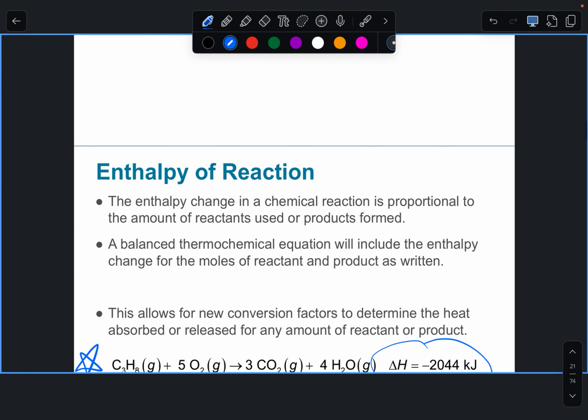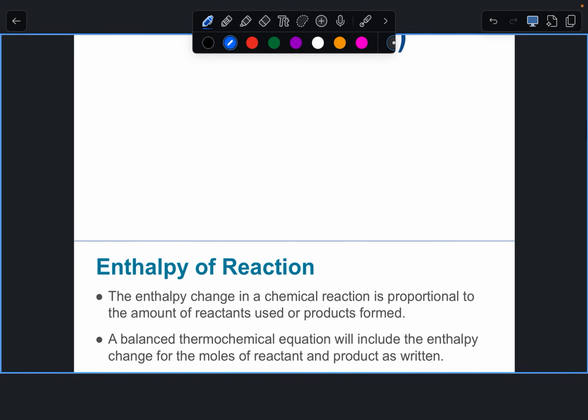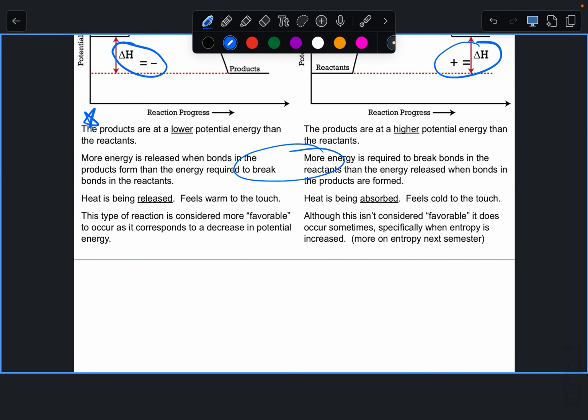Okay, so I'm going to use this reaction down here as an example of what I mean by the breaking and forming of bonds thing. So if you want to reference back to it, you can. So in that reaction, we already know that one said it releases energy, right? In that reaction, it showed us propane, which looks like this.